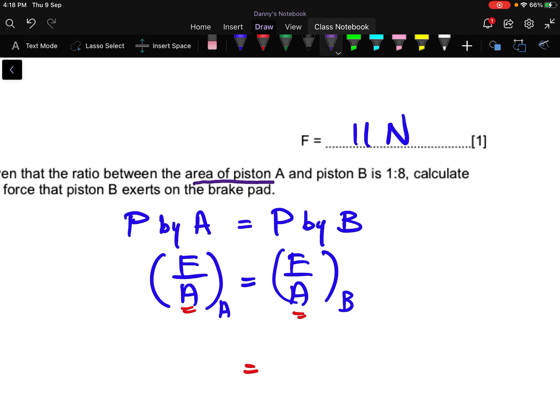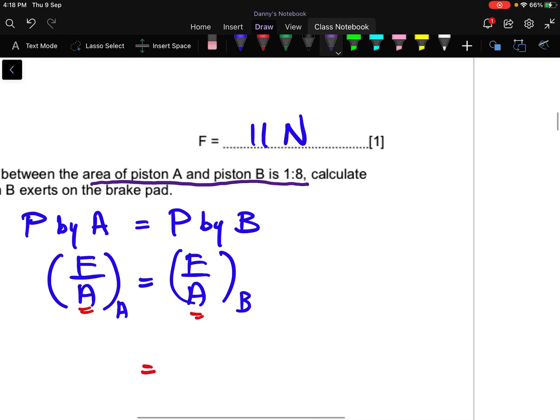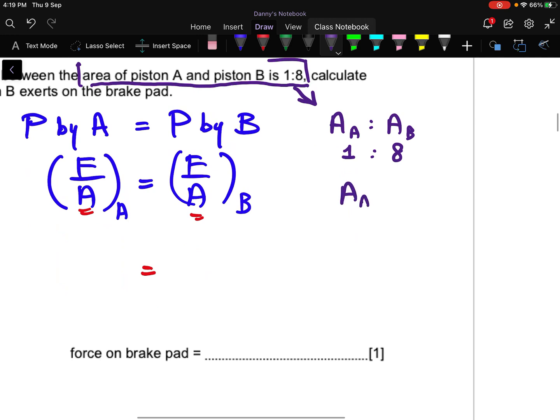But I introduced a twist. I didn't give you the exact value for the different areas, but instead I give you a ratio. So you need to turn this statement into a math expression. Area of A is to area of B is equal to 1:8.